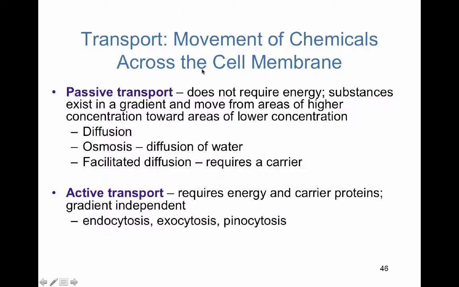Now, since we're on the topic of nutrition, I brought up this idea that cells are 70% water. It's really important to talk about how materials, specifically water, are transported across the cell membrane.